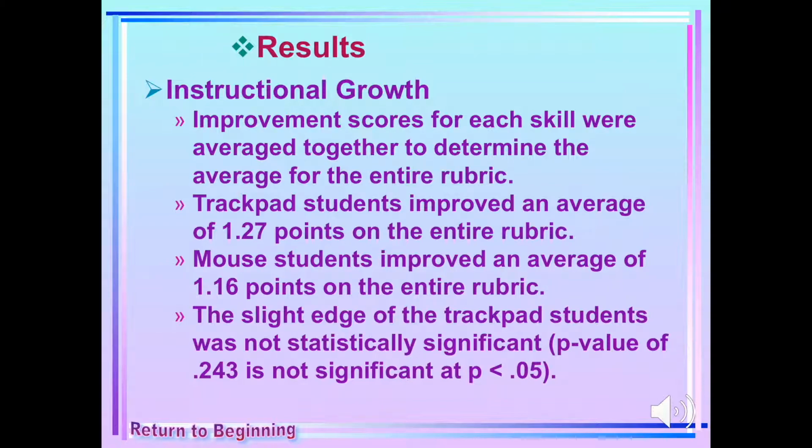When the improvement data for every skill in the rubric was combined, the Trackpad group improved slightly more than the mouse group. But the slight edge of the Trackpad students was not statistically significant.